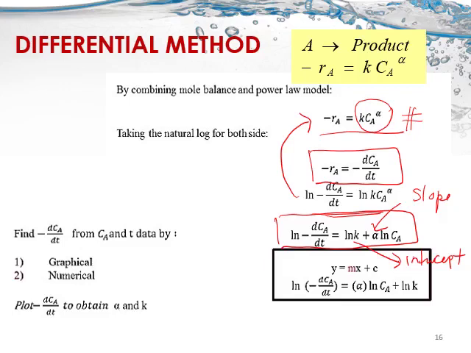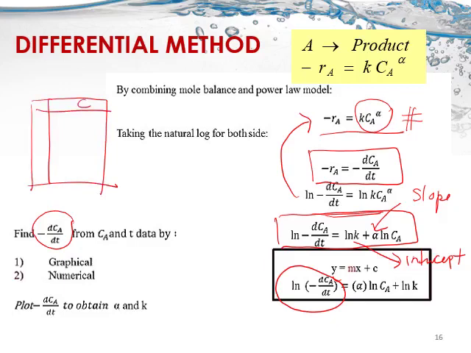Now, how do we get this negative dCA over dt? This method is actually to determine the value of negative dCA over dt, because previously in your experiment you obtained the value of concentration at the respective time.